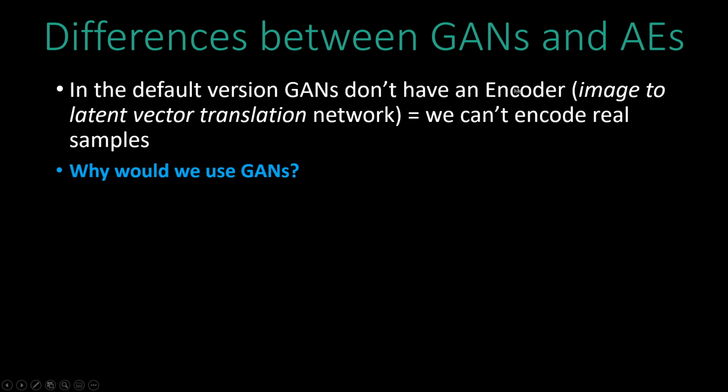So they don't have a network which would map images from the real dataset into the latent vector representation. So we actually cannot encode real samples. We have to depend on randomly generating images and then maybe assigning them with, okay, this one looks similar to the real sample that I saw somewhere in the dataset. So why would we even use GANs if they don't have this kind of useful interaction?